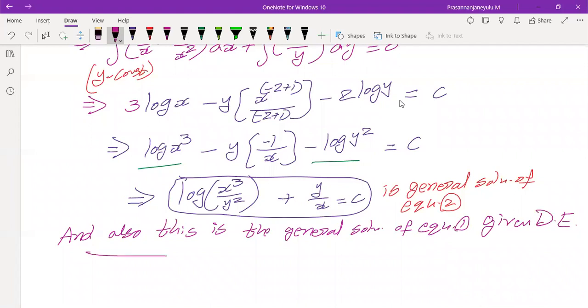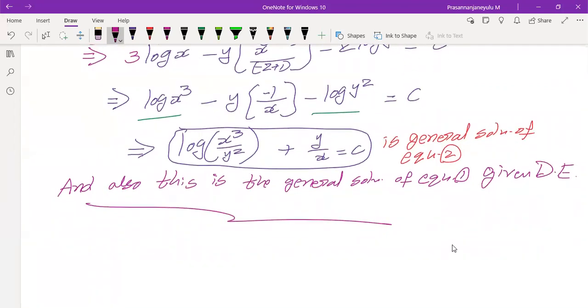So in this method, I mentioned the given equation as equation 1 and the reduced equation as equation 2. But if I am not using the given equation as equation 1, then equation 2 becomes equation number 1. So whatever we kept in the box is the general solution of the exact equation, and also the general solution of the given differential equation; no need to mention equation numbers.